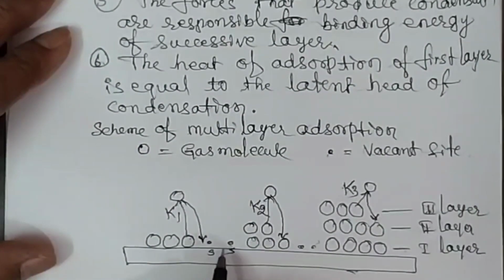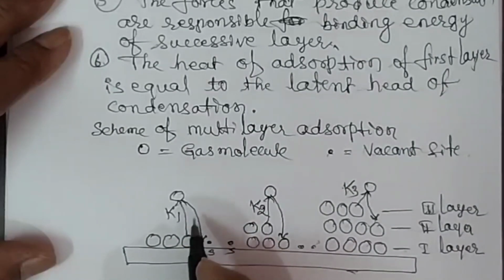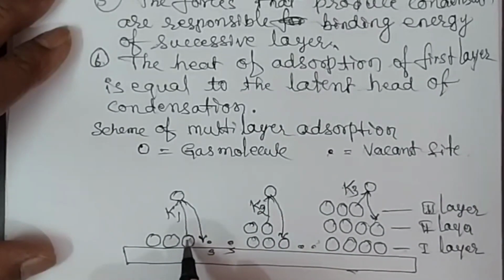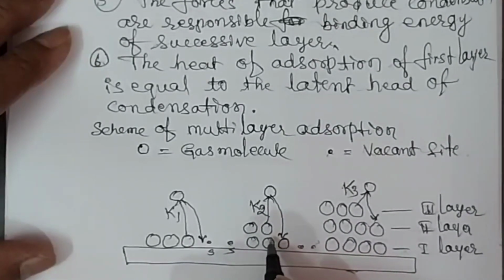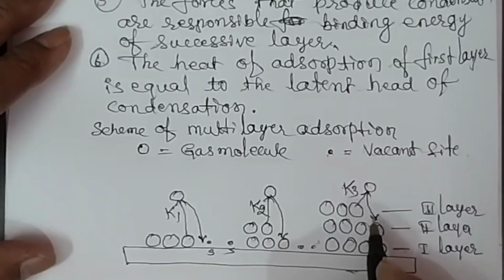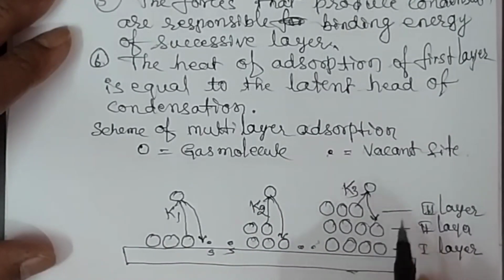Thus, when free sites adsorb the adsorbate, the first layer is formed, and the first layer adsorbs adsorbate, the second layer is formed, and the second layer adsorbs another molecule, the third layer is formed.